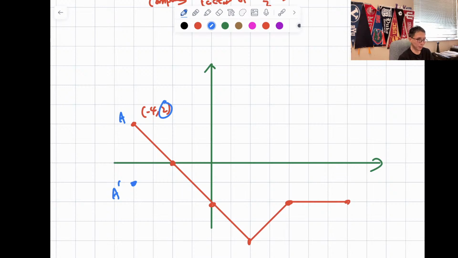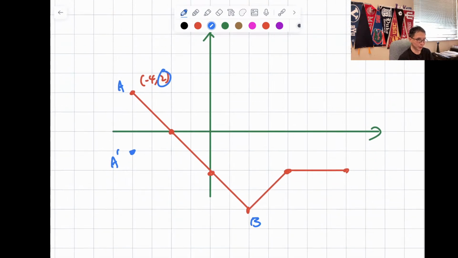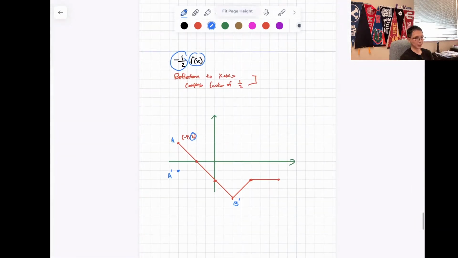I'm gonna take the B point. What do you think B is going to be? I'm gonna ask a random person here. Let's ask Jacob. What do you think the B prime coordinate is going to be? Remember, we're trying to graph -1/2 f of x.